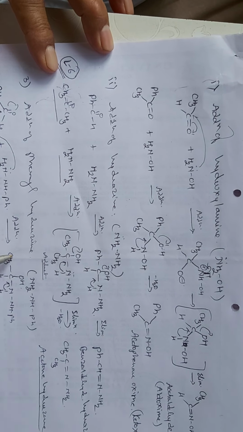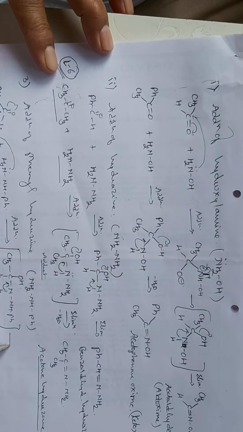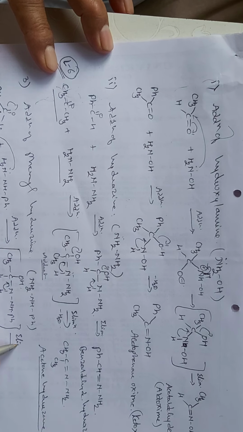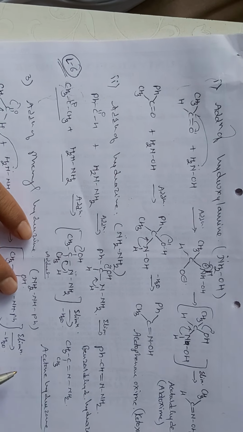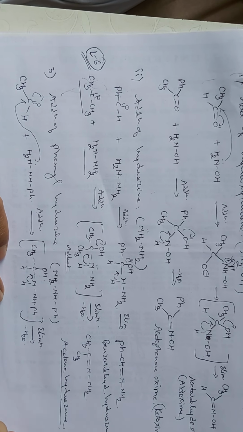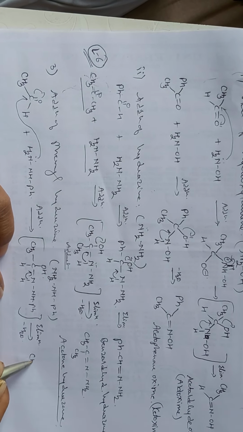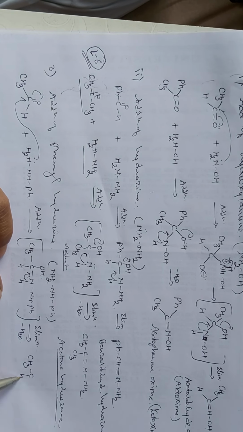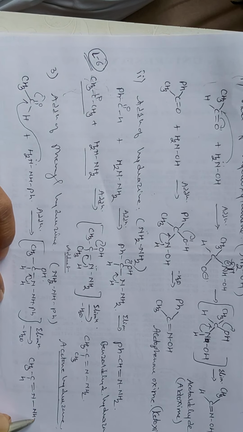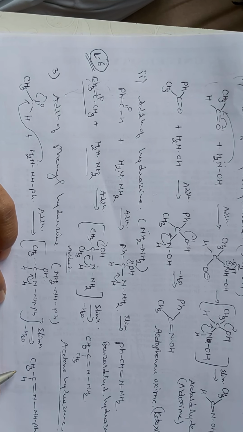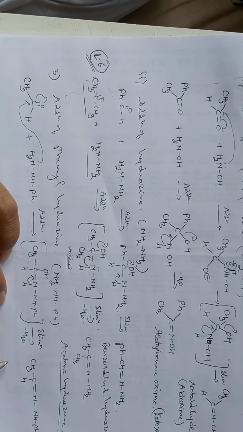In the second step, this intermediate undergoes elimination of a water molecule, and you get the formation of the imine, that is CH3CH=N-NHPh.